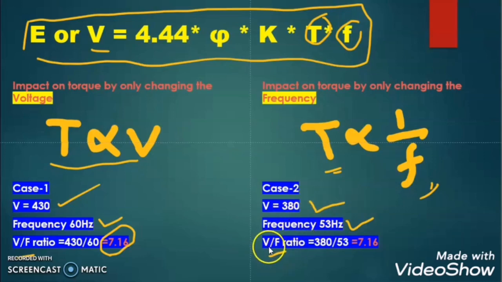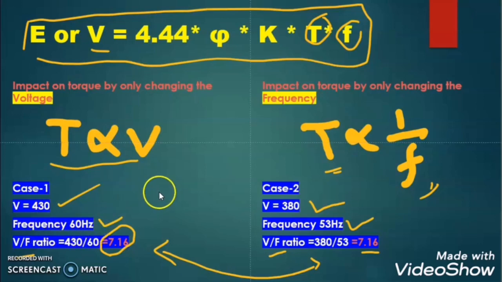Again the voltage by frequency ratio is 380 by 53, which is the same 7.16 in both cases. Now let us assume that in case 1, with 430 volt and 60 Hz, the torque of the motor is X. Let us assume this in order to understand. Now we reduce the voltage.